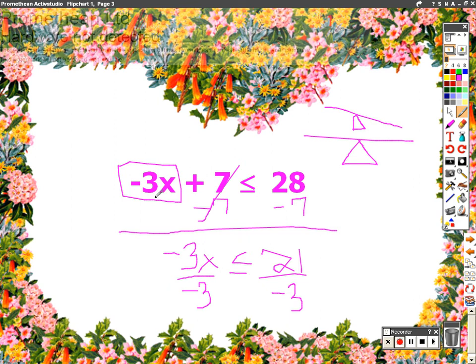So whenever the coefficient, and that's the number with the variable, whenever the coefficient is negative, I need to remember to switch my inequality symbol. So my answer is going to be x is greater than or equal to negative 7, because I made a U-turn. I flopped around the number line.